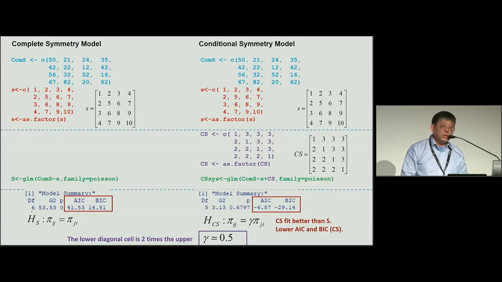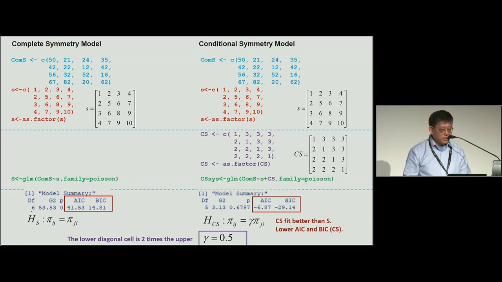Right. So in terms of the R program, everything remains the same. These are the complete symmetry with the data, with the S specifications, and here is the same data with S, but the only thing that we have to add in is the CS. So we add in another matrix specification, and then we generate the models.